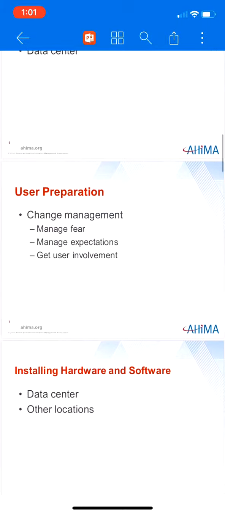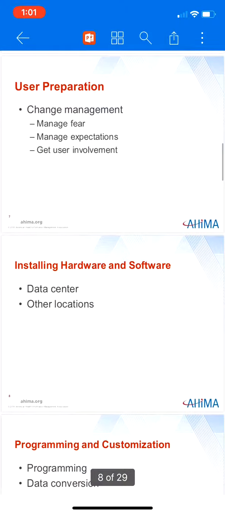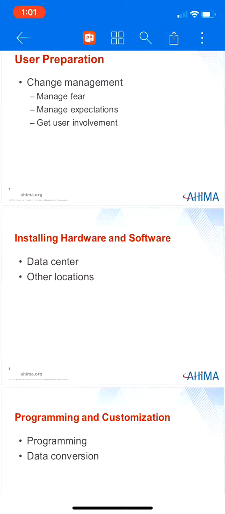Alright, our third one is installing hardware and software, over on page 71. Once the hardware arrives, it will need to be set up and installed in the data center. Computers will also need to be installed in the nursing units, training rooms, and other locations according to the project plan. The printers, network, scanners, and other hardware will also need to be installed.